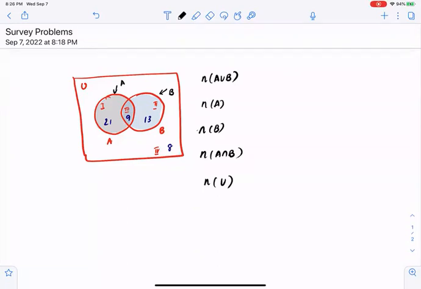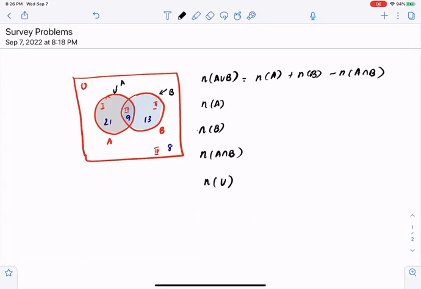Well, how many do we have in A union B? In order to find that, if you recall, we know the formula N of A plus N of B minus N of A intersect B. If A and B are disjoint, in other words, there is no overlap, then the third one would be 0. That's not the case. These are overlapping sets.